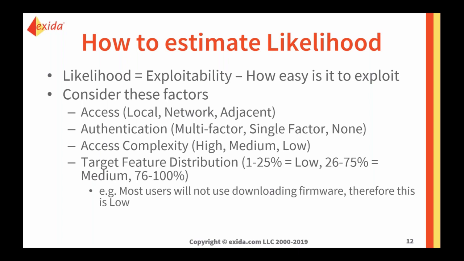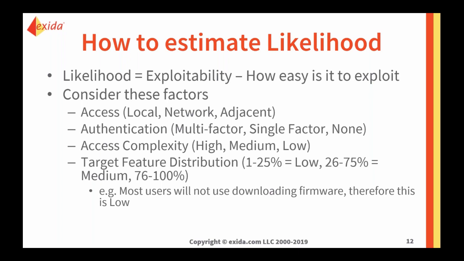Maybe you don't have to be at the site, but if you could take control of another component or system that's on the same network but adjacent to it, then you can carry out the attack. It's obviously a lot harder to get local physical access to a device in most industrial control systems. So if the attack can only be carried out locally, the likelihood is lower, whereas if it can be carried out remotely on a network far away, it's much higher.